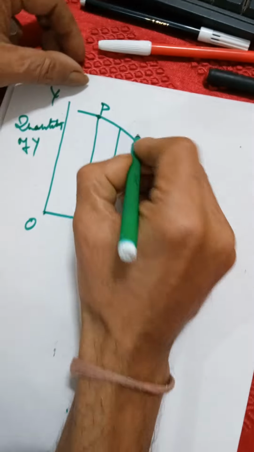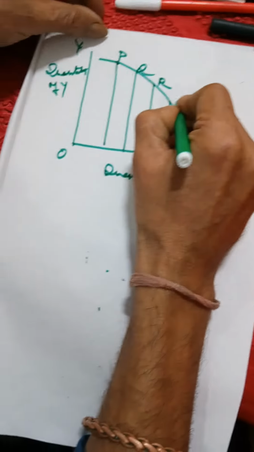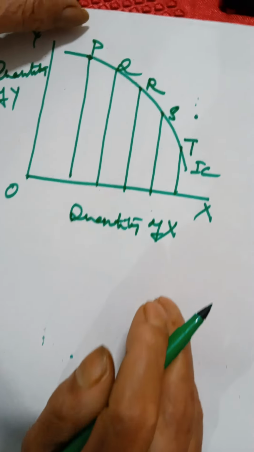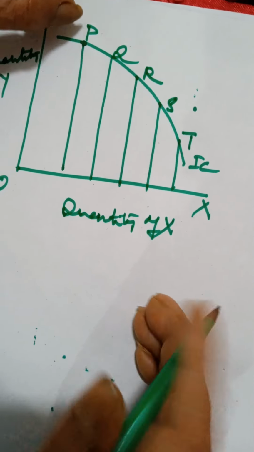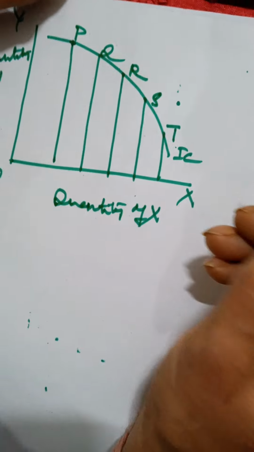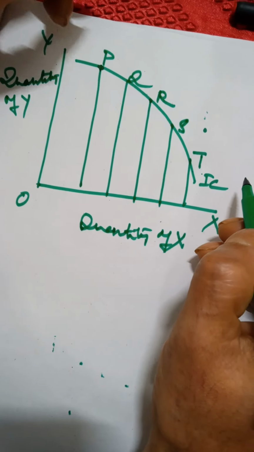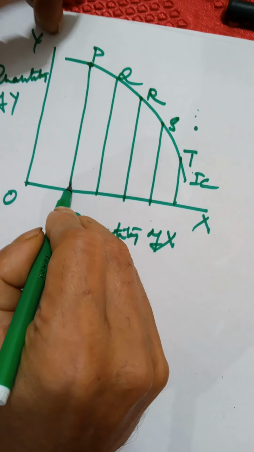This is P, this is Q, this is R, this is S, this is T. As the consumer moves down from P to T, he sacrifices y to acquire one additional unit of x.